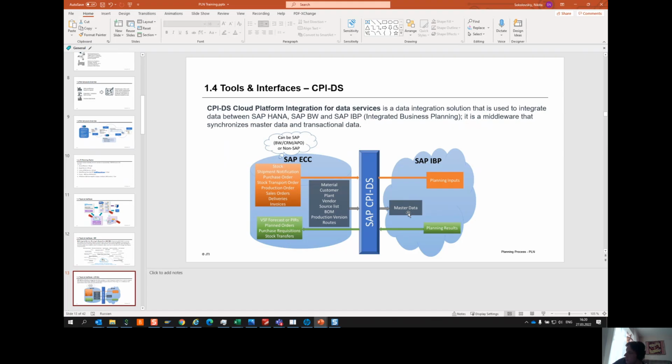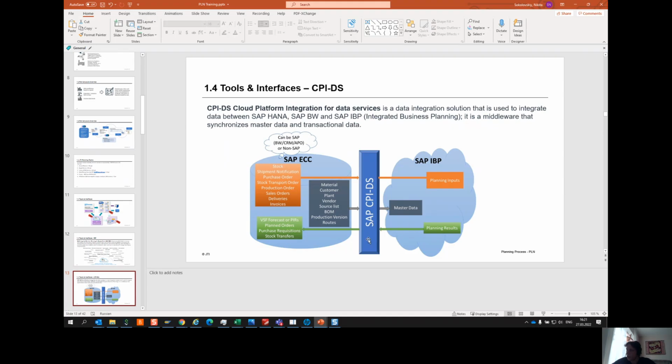Of course, there is some data which is synchronized every minute or every couple of minutes, for example, some master data for materials and products. But a lot of transactional data, like purchase requisitions, demands, and planned orders, are synchronized between IBP and SAP, for example, once a day.